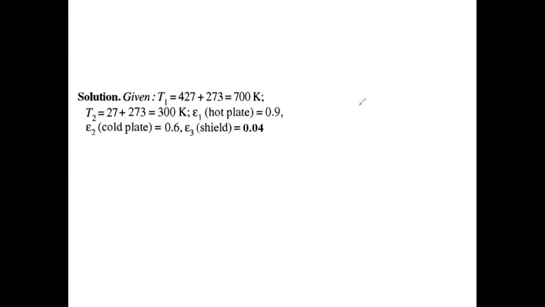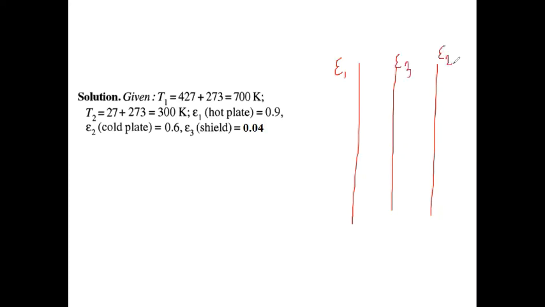So this is the polished shield, and you apply this. So this is epsilon 1, this is epsilon 3, and this is epsilon 2. This is T1, this is T3, and this is T2.